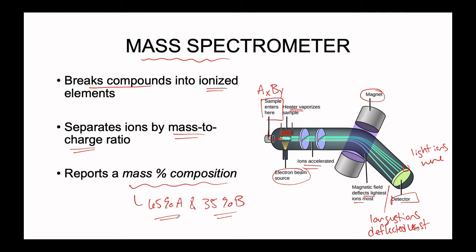So that's where we're going with all of this today. We're going to first observe what it means to be a mass percent composition, and then once we have a better idea for this, we are going to use it to determine chemical formula.